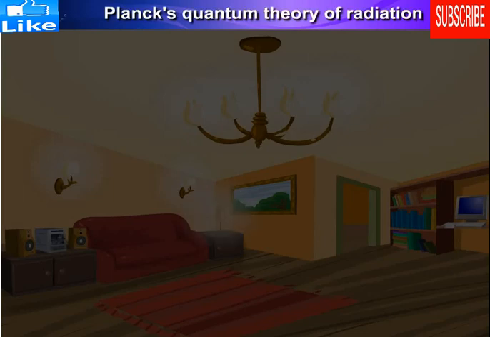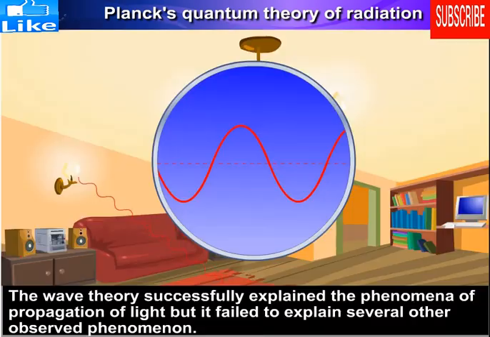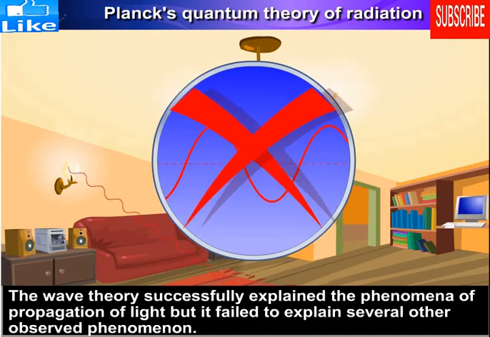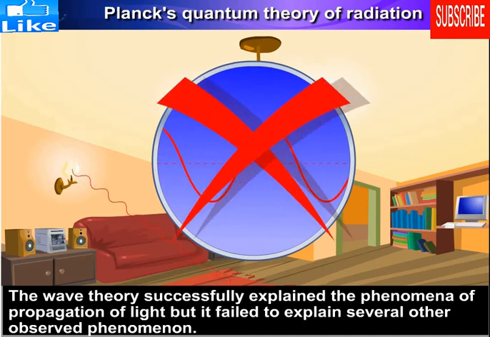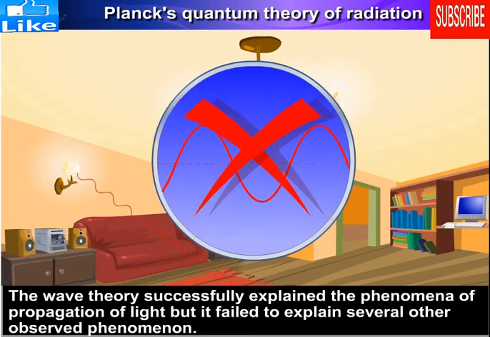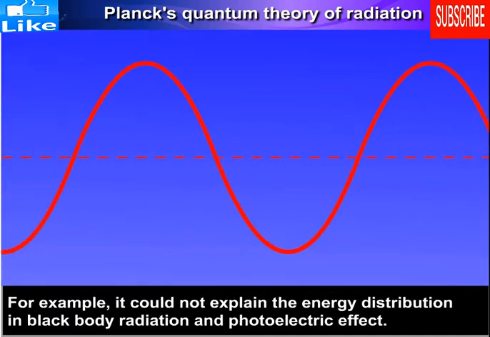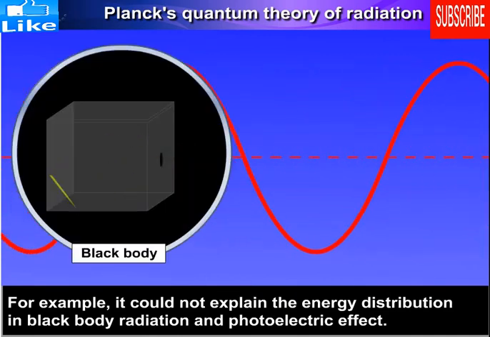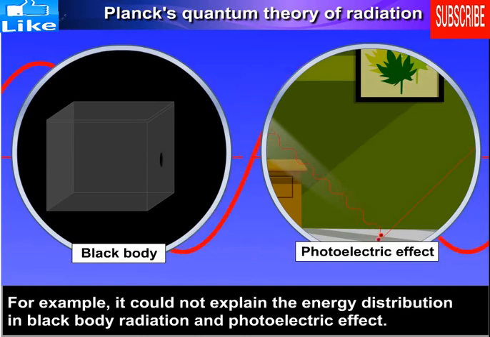Planck's quantum theory of radiation. The wave theory successfully explained the phenomena of propagation of light, but it failed to explain several other observed phenomena. For example, it could not explain the energy distribution in blackbody radiation and the photoelectric effect.